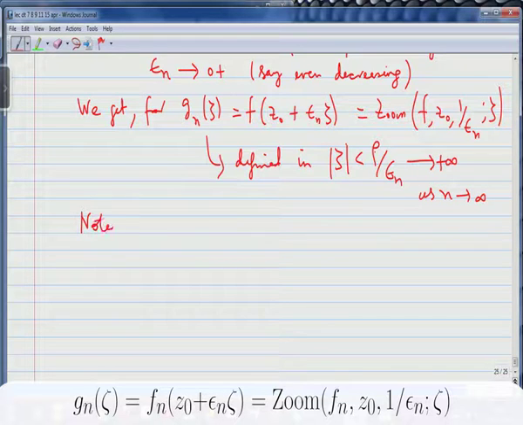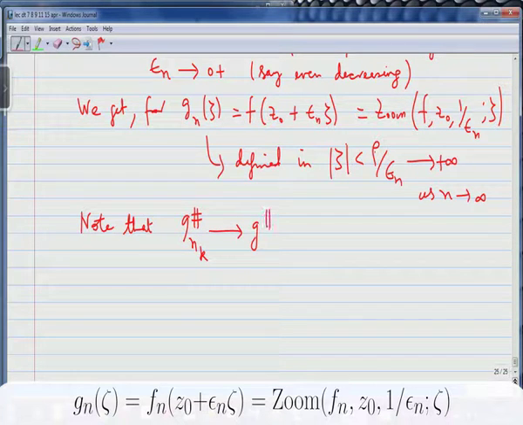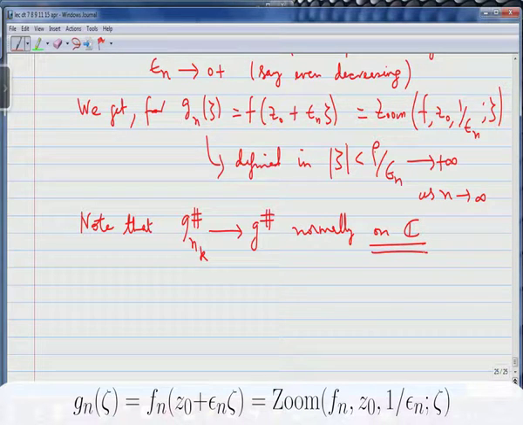Note that Gnk hash will go to G hash as before. This will be normal convergence, but the beautiful thing is that it will be normal on the whole of C.